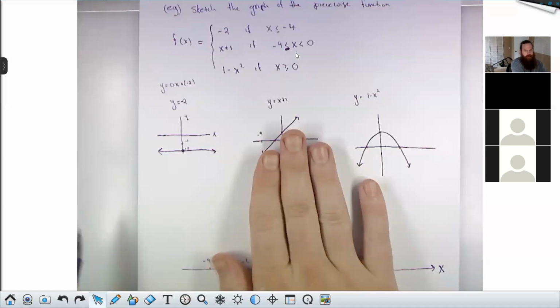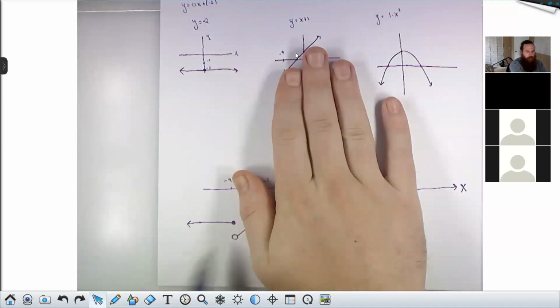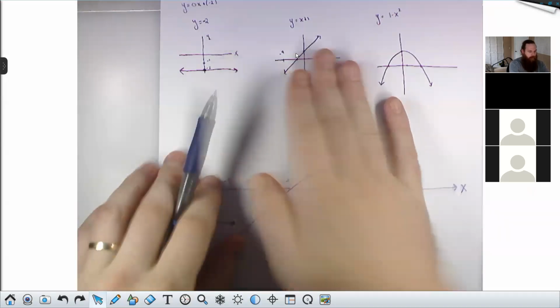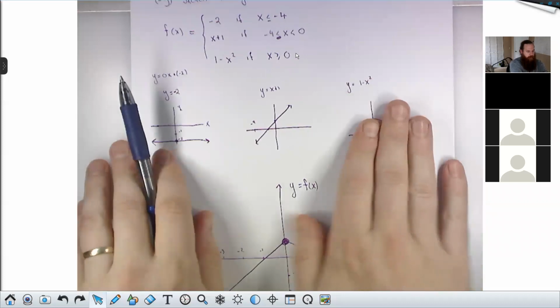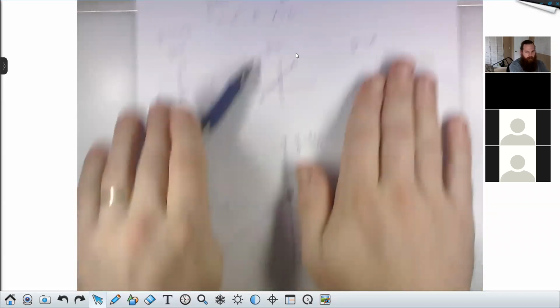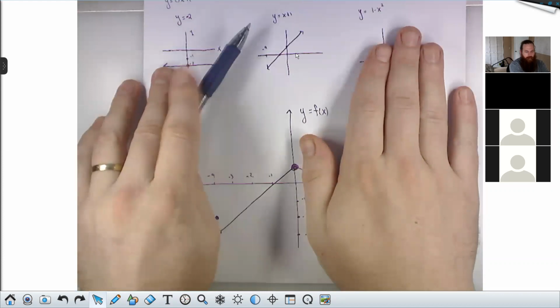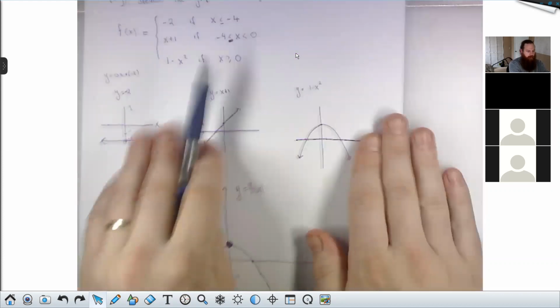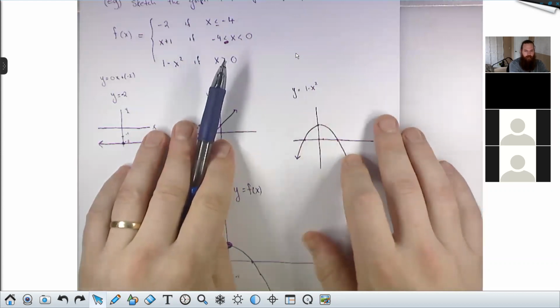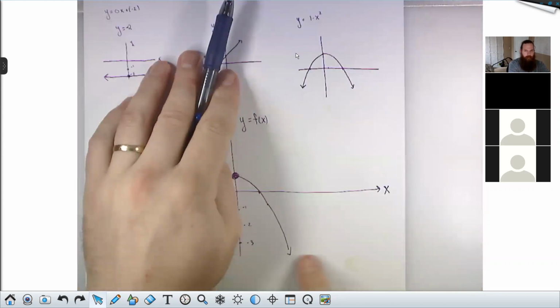So for x less than or equal to -4, I had that guy. For x between -4 and 0, behave like this guy. So that's this piece. And then for x bigger than 0, behave like this parabola. So I take this graph, but just the part where x's are positive.